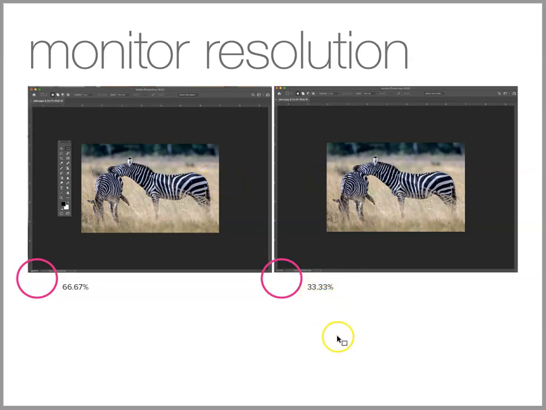It's the percentage based on the resolution of the monitor. So don't get mixed up when you're looking at this saying, oh, I'm looking at this zebra at a third of the size of the original. That isn't the case. And so I just wanted to share that because it makes me a little bit nuts.